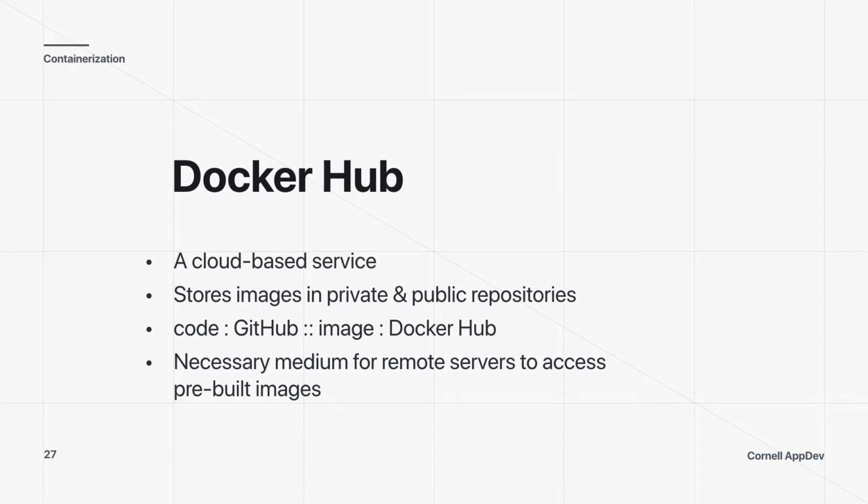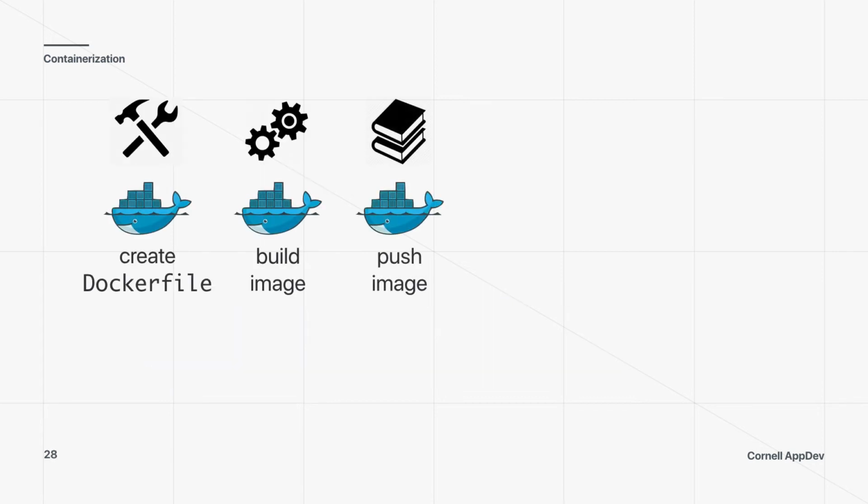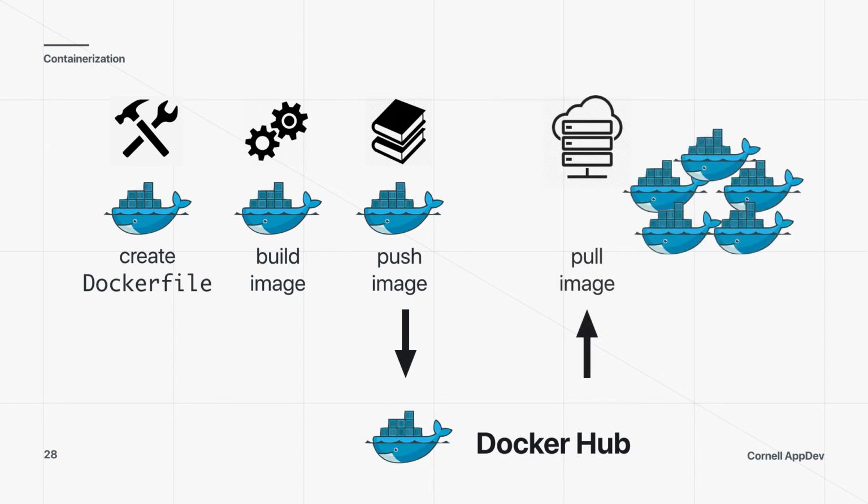But how that actually works is, the whole process is, okay, I create a Docker file, I build my image, and then I push my image to Docker Hub so that when I get onto my remote server, I can pull that image. And I did add a bunch of whales here, but that's to help you conceptualize that my server can have lots of different applications running.